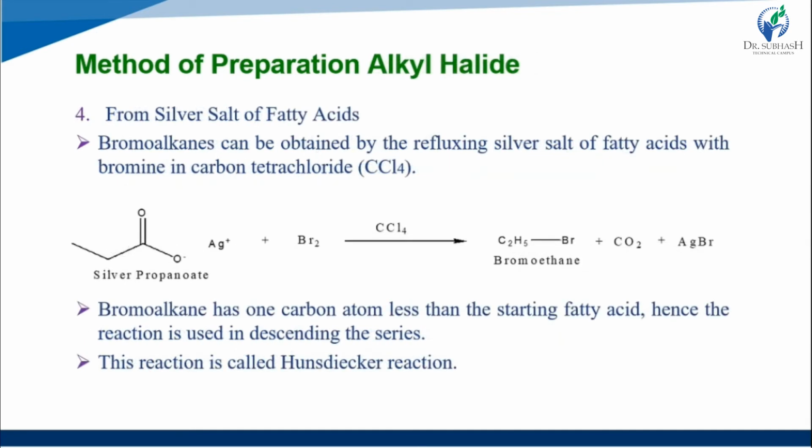Then now we study the fourth reaction, that is from the silver salt of the fatty acid. Bromoalkane can be prepared by refluxing the silver salt of the fatty acid with bromine in carbon tetrachloride.